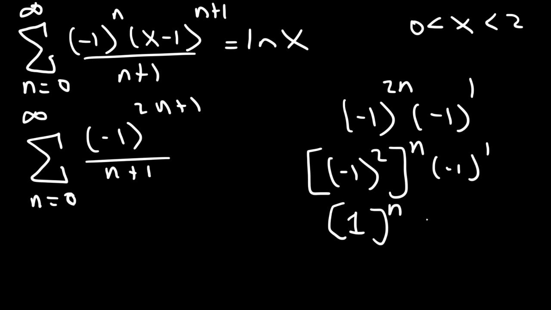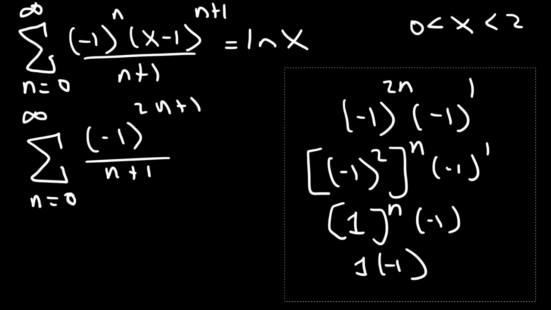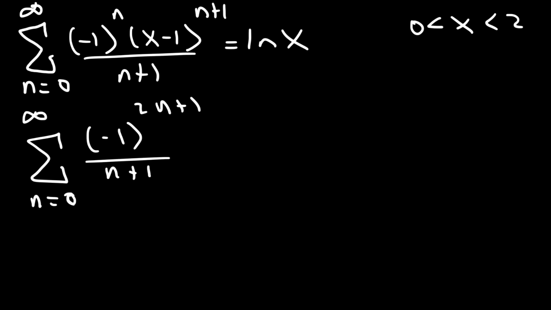And 1 to the n is just 1. Anything raised to the 1 raised to anything is 1. So this whole thing is just negative 1. At this point, we now have negative 1 over n plus 1.